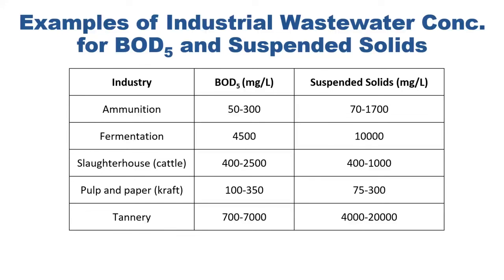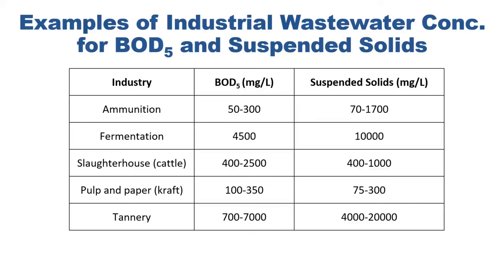For the fermentation industry, the BOD5 is 4,500 milligrams per liter, while the suspended solids are 10,000 milligrams per liter. In slaughterhouse for cattle, we have a BOD5 of 400 to 2,500 milligrams per liter, and suspended solids of 400 to 1,000 milligrams per liter.